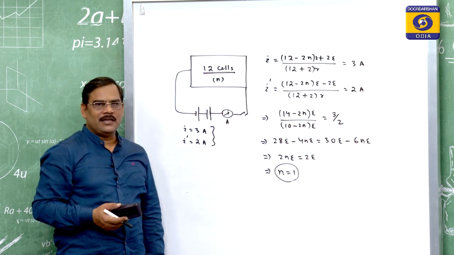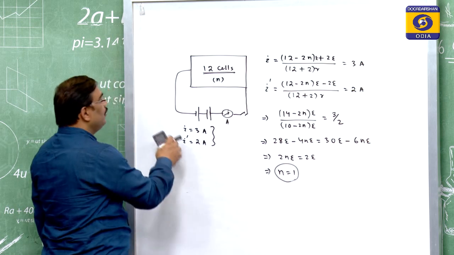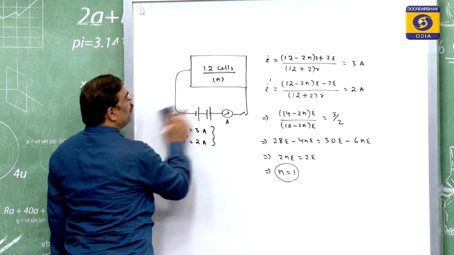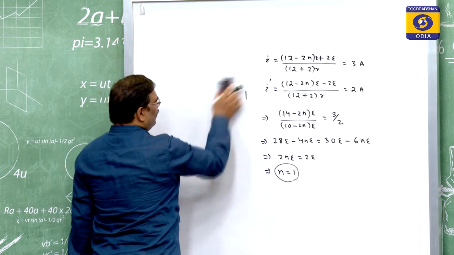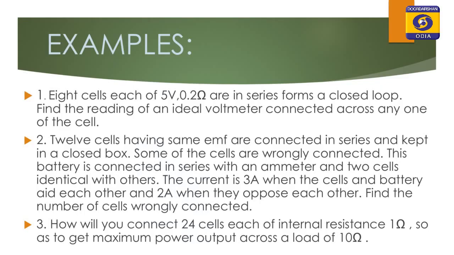Now, let us take another type of example regarding the power transfer, maximum power transfer. For that, suppose there are 24 cells, each of internal resistance 1 ohm. To get a maximum power across a load of 10 ohm, what will be the necessary connection?